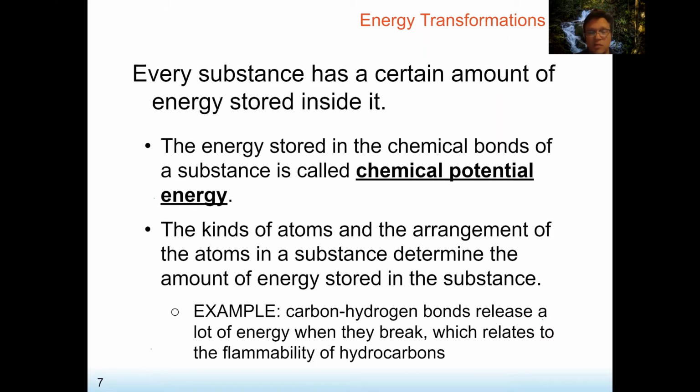As an example, carbon-hydrogen bonds are thought of as being fairly high energy, and this relates to a lot of concepts that you will learn about both this year and next year, such as the idea of hydrocarbons and even things like fats, which have a lot of carbon and hydrogen bonds and also a lot of energy.